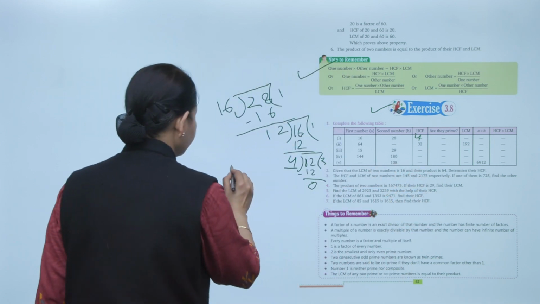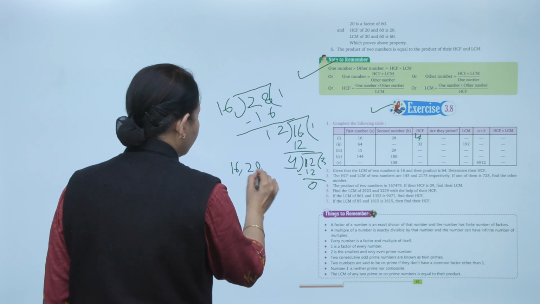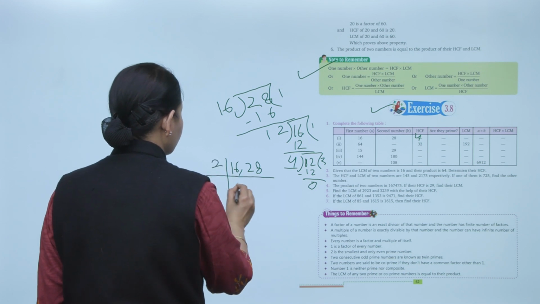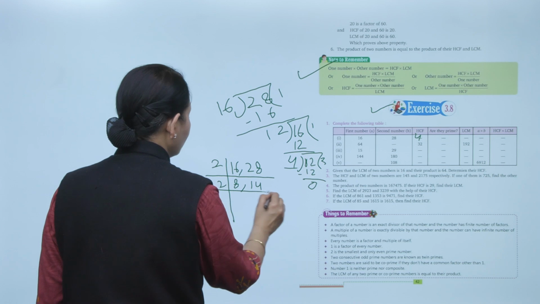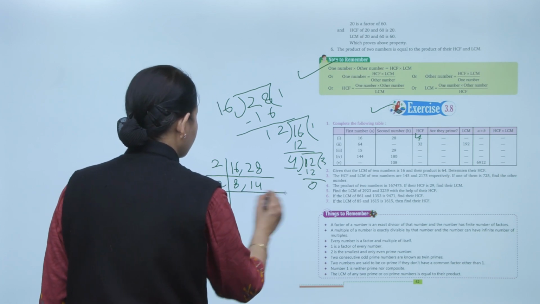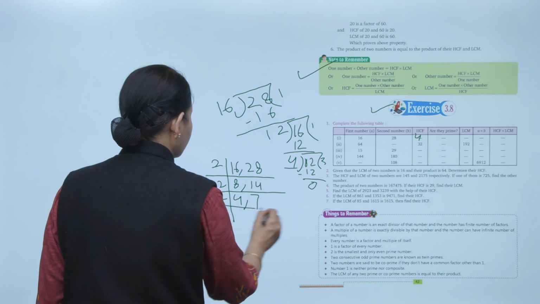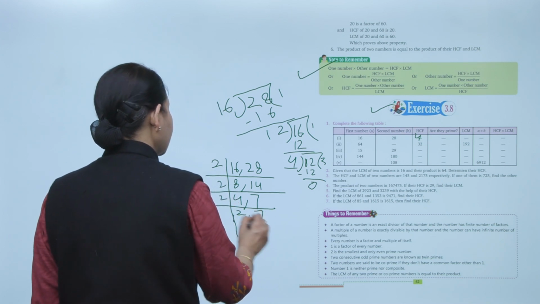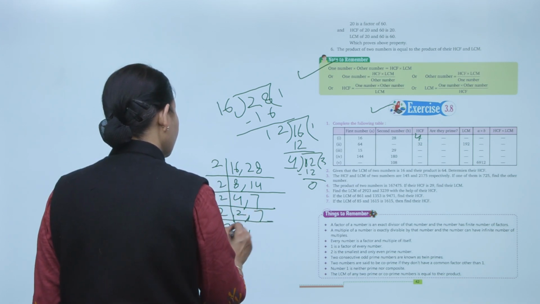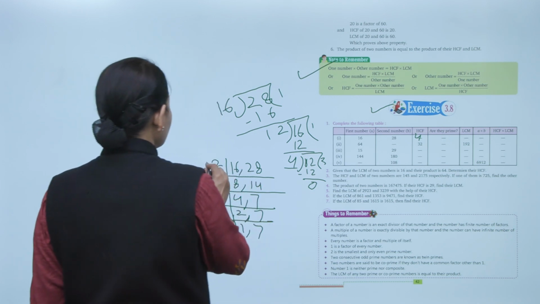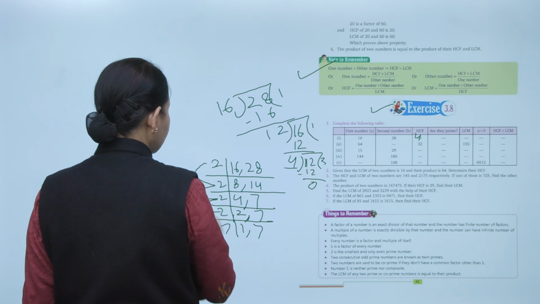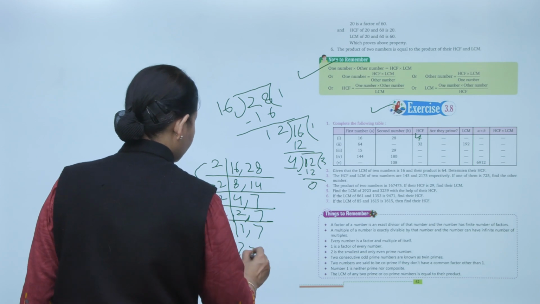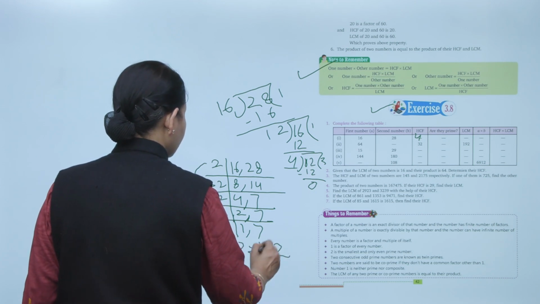LCM find out करना है 16 and 28. Again divide by 2. सेवन एज इट इज आ जाएगा 1 and 7. सो LCM हो जाएगा 2 into 2 into 2 into 2 into 7, that is 112.